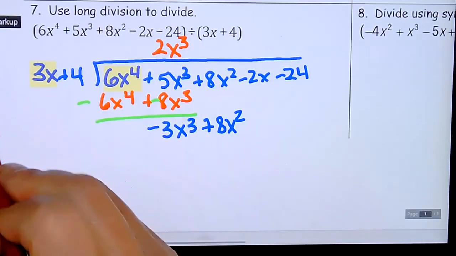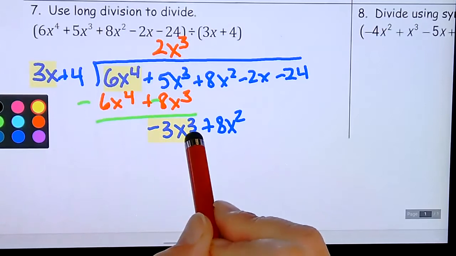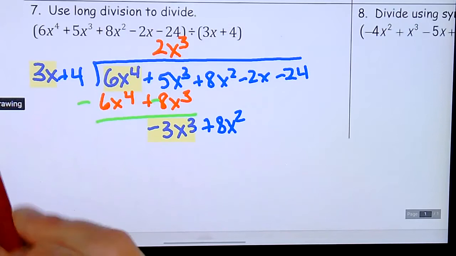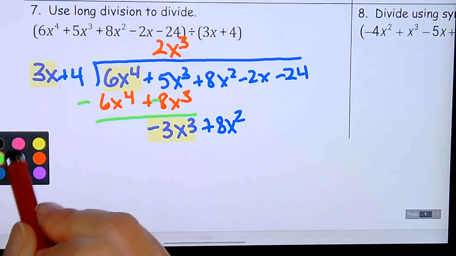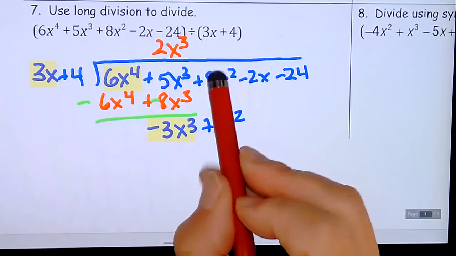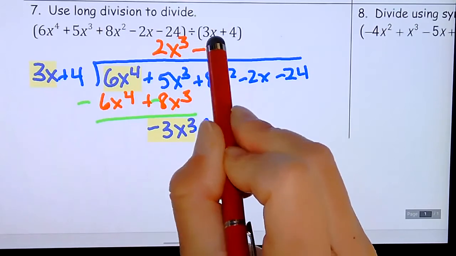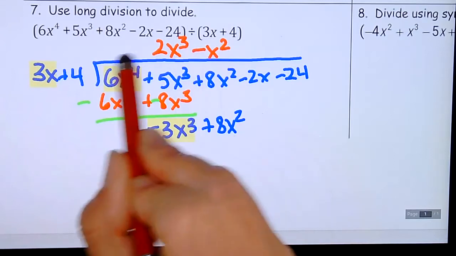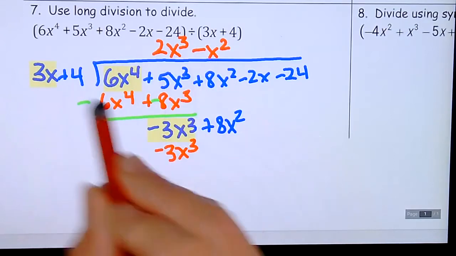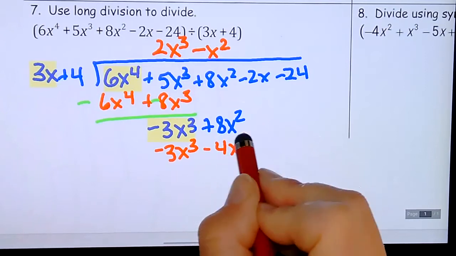Okay, so now I'm focusing still on my 3x and now with my 3x to the 3rd. So again, 3x times what gets me a negative 3x to the 3rd? That's going to be a negative x squared. So negative x squared times 3x is a negative 3x cubed. Negative x squared times 4 is a negative 4x squared.